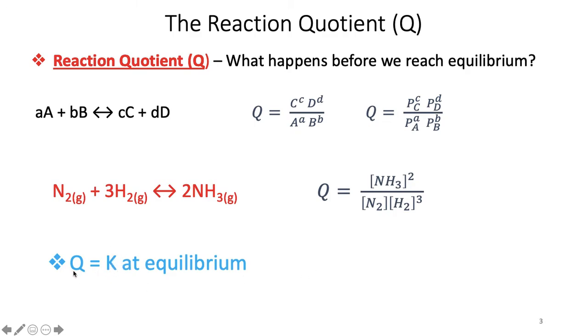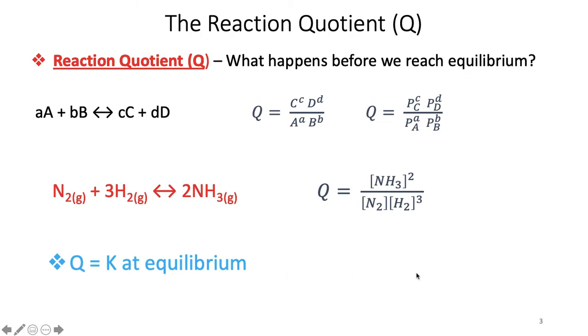So K is a special case of Q, and this is only true at equilibrium. At any other point, Q is not equal to K. But once my reaction reaches equilibrium, Q becomes K, and the concentrations of the reactants and products are not changing anymore.